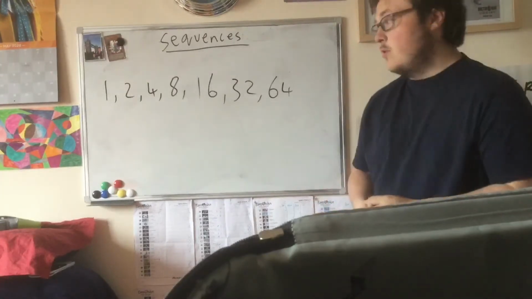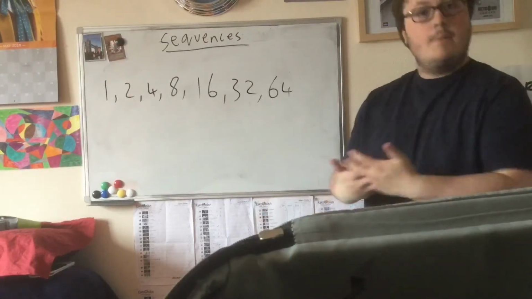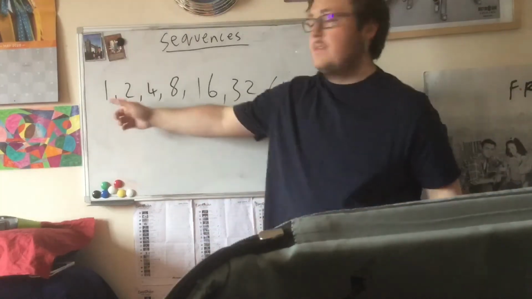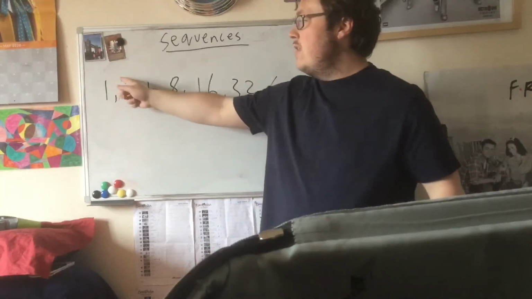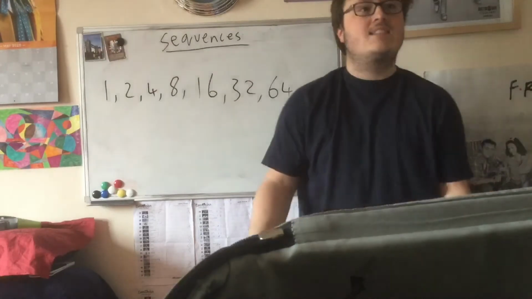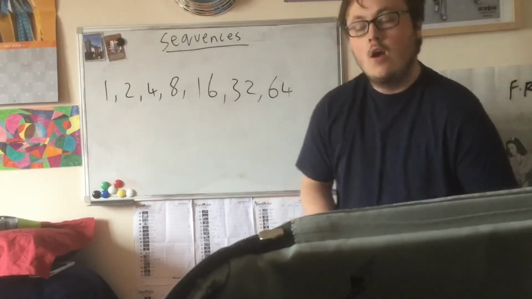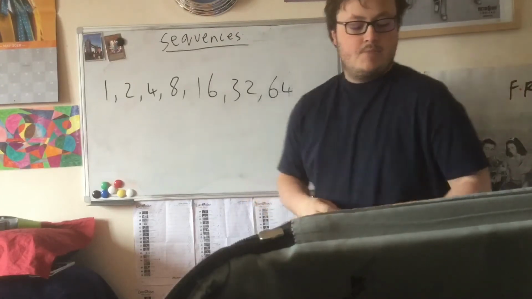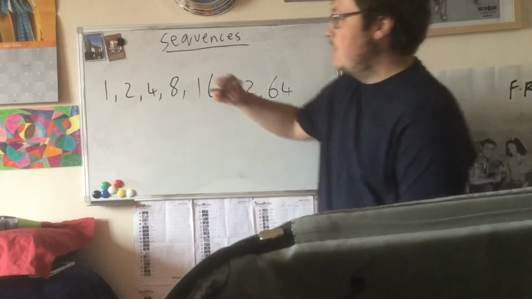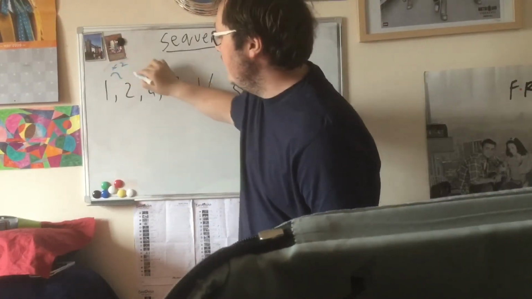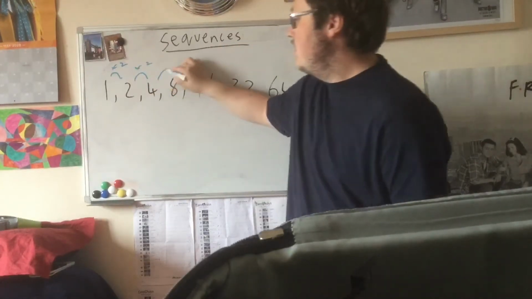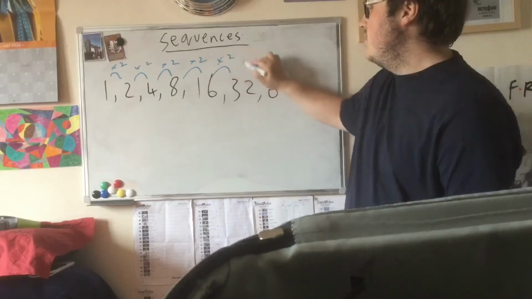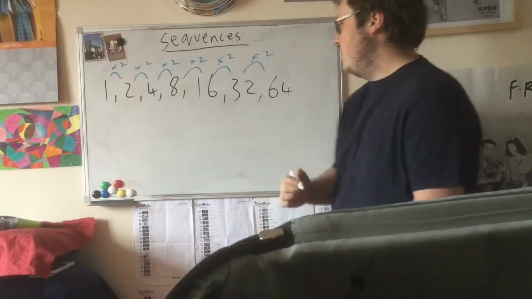What about this sequence? It's not going up by something each time. When I mean going up, it's not being added each time by the same number, because if we're going up by 1 there, then 2 there, then 4 there, we're not adding the same number. What's actually happening is it's being multiplied by the same number. And in this case, it's being multiplied by 2 each time. Times 2, times 2, times 2, times 2, and times 2.